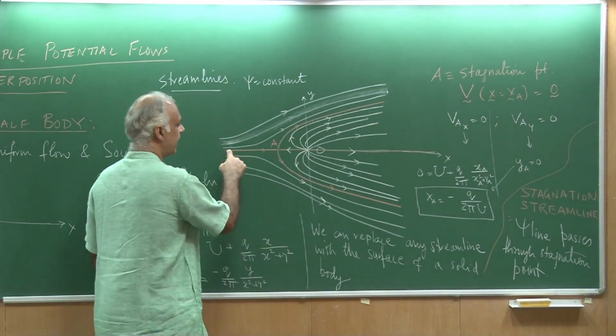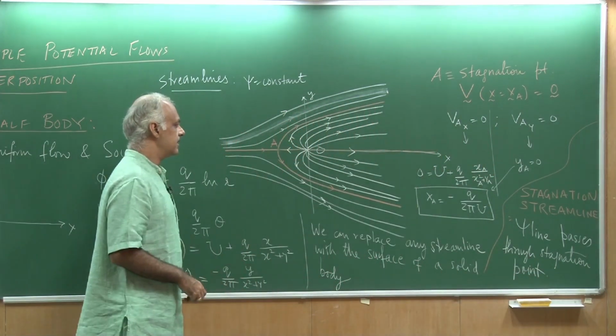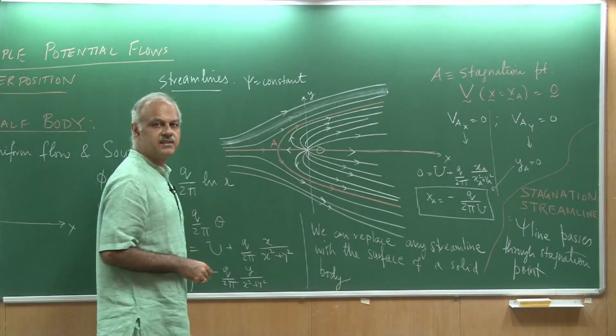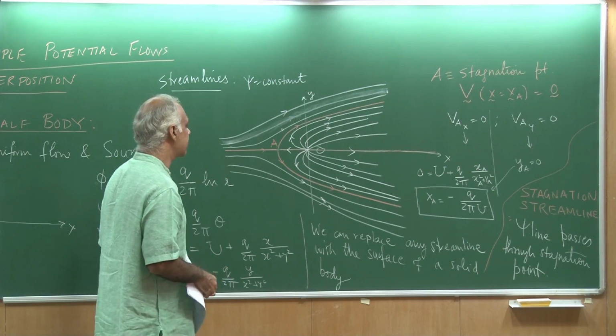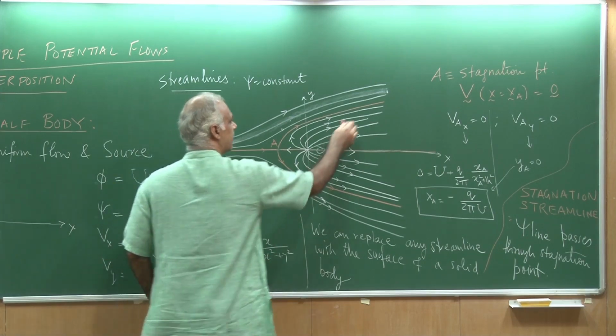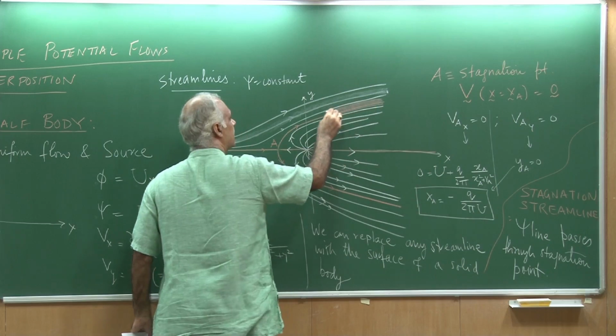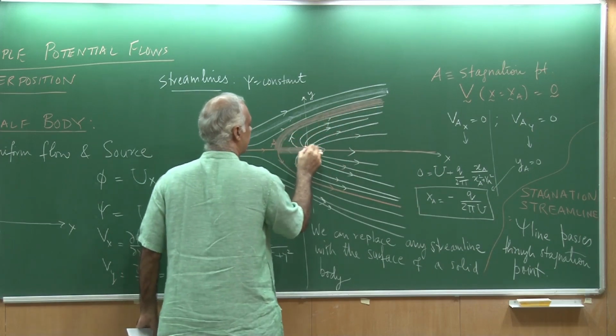In fact, that is why I plotted this line in a different color, in red. Maybe I will draw it a little bit thicker so that it is visible on your screens. So this is the stagnation streamline.